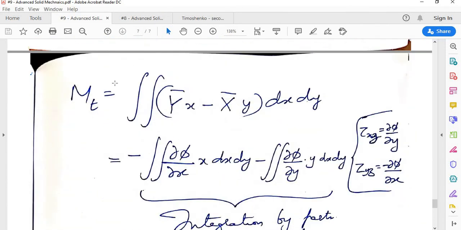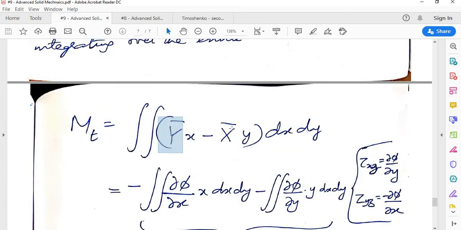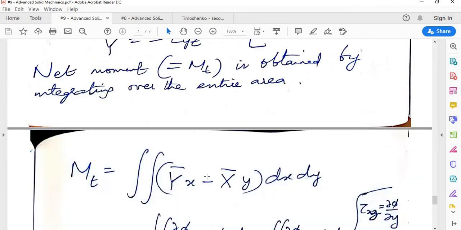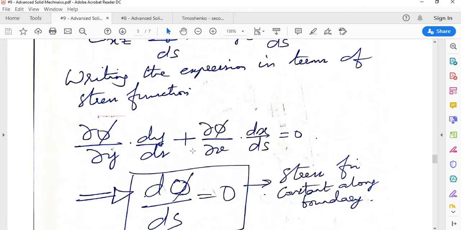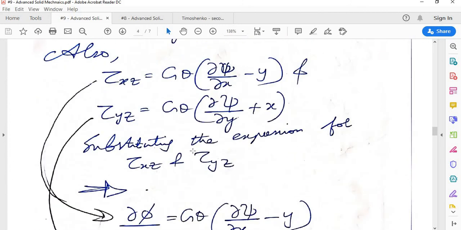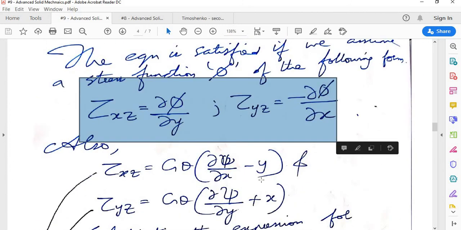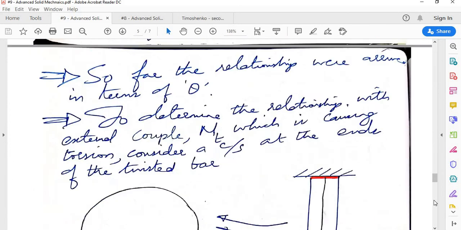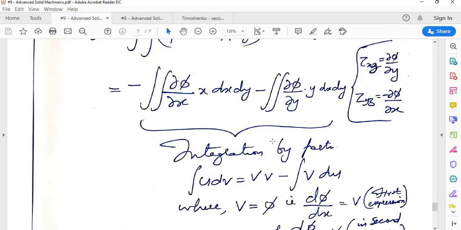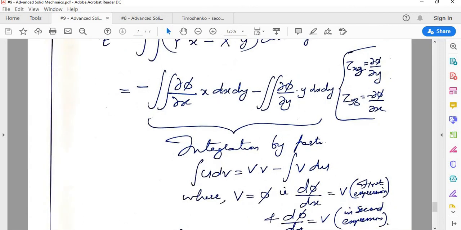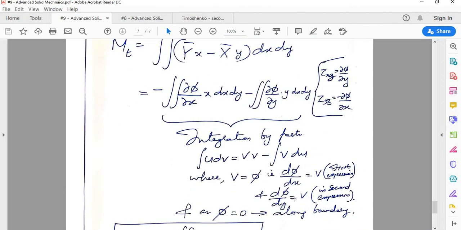You double integrate it. Now y bar and x bar are in terms of tau xz and tau yz, which we already know in terms of the stress function. So you substitute that into the expression, then use integration by parts, and when you are integrating with respect to one variable you fix the other variable as constant.